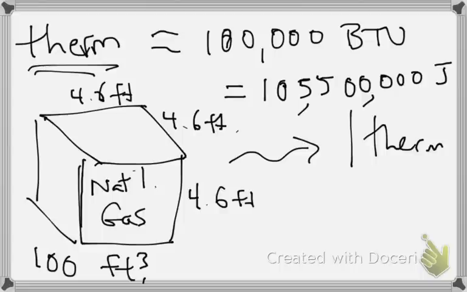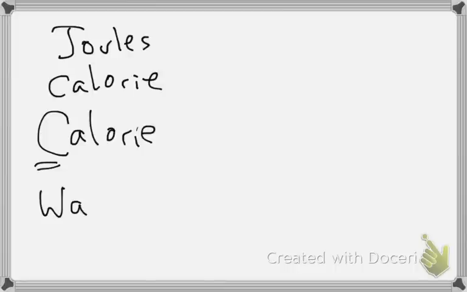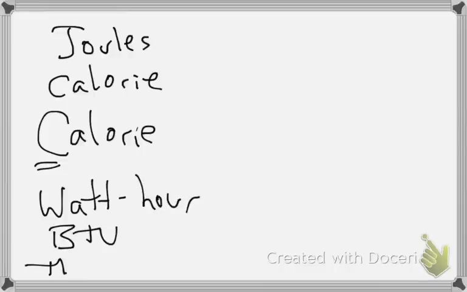So there we go. We've got several units of energy. We've got joules. We've got calories. We've got kilocalories, which is capital C calorie. We've got watt-hour. We have BTU, and we have therms.